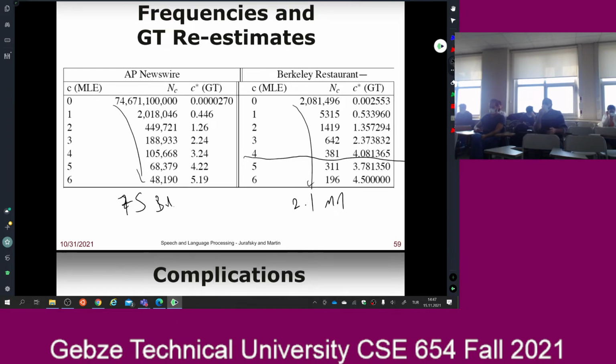There are many other complications. For example, is there any justification for calculating this N_20 again? What does N_20 mean? The words that happen 20 times? Well, we have enough evidence about this word, right?